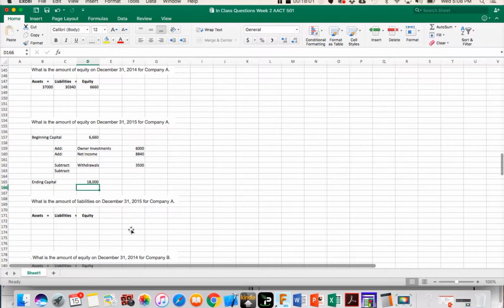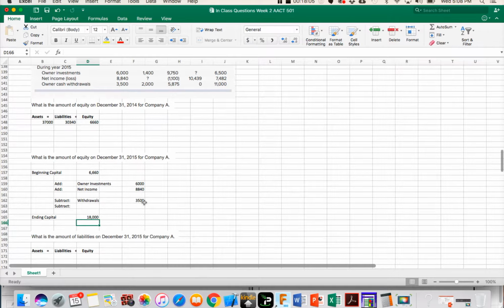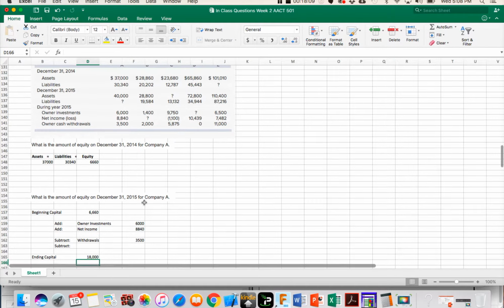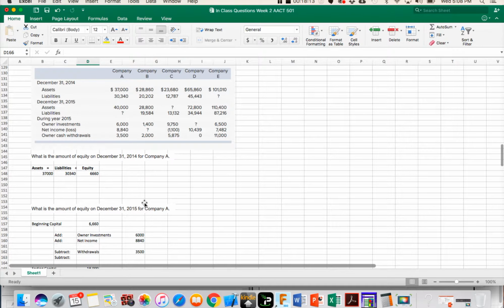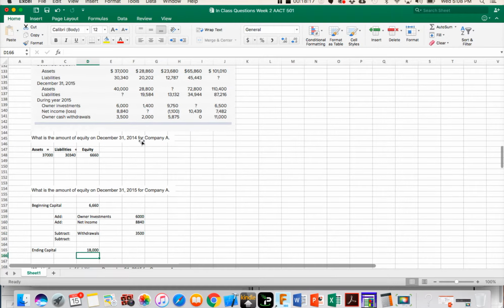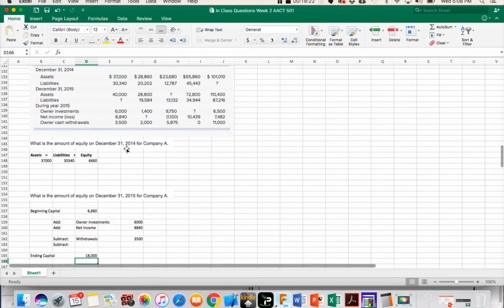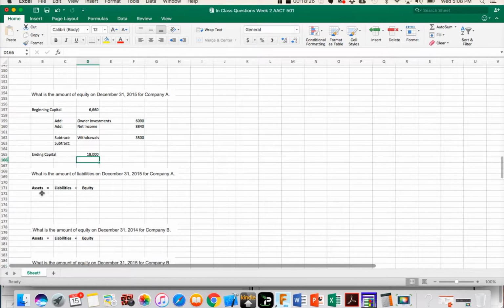Next question, what is the amount of liabilities on December 31st, 2015 for company A? Okay, so since we have assets at the end of the year and liabilities at the end of the year, we can calculate that as well.